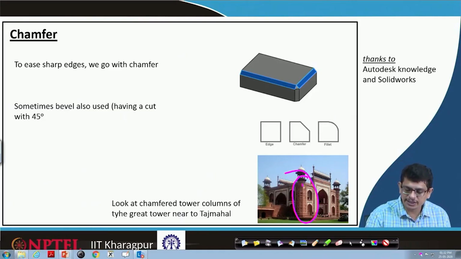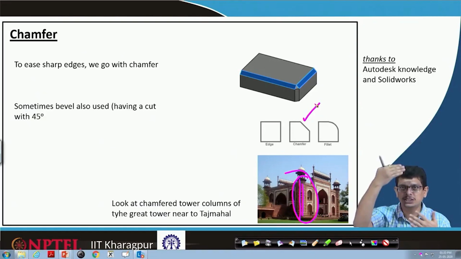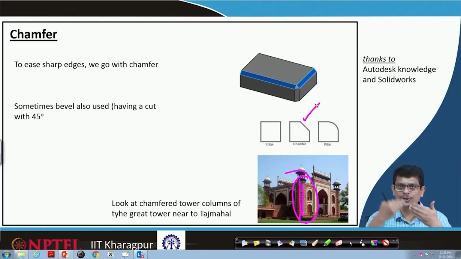That kind of sharp cut, if we have it there, we call chamfering. Chamfering will always be a nice cut. From an architectural point of view, you might want to stick some kind of pictures on the chamfer surfaces. So, you require a flat surface rather than a curved surface. Then you go with that chamfering.